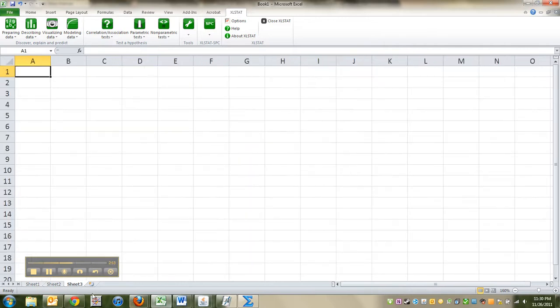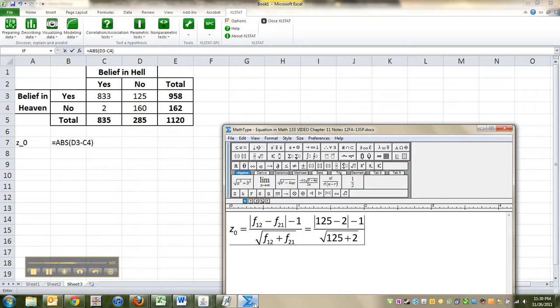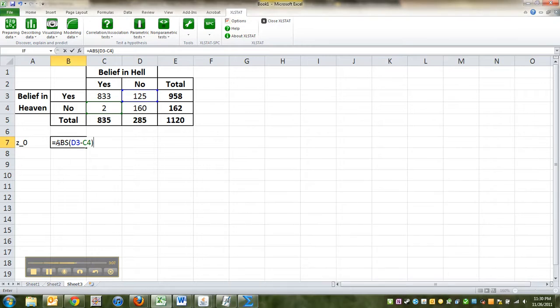I'm going to copy and paste that table. There it is. Okay, so now I want the absolute value of this number minus this number. Minus 1. And I'm going to have to put parentheses around this, so parentheses in the front. Minus 1. Close parentheses.